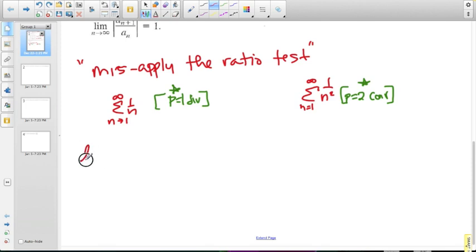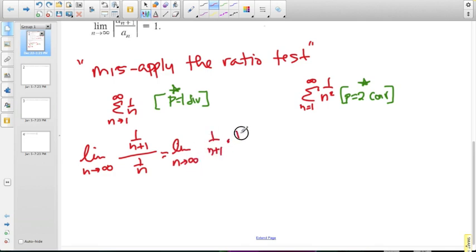So in other words, we take the ratio here, the limit as n approaches infinity of the next term, the n plus 1 term, so that's 1 over n plus 1, over 1 over n. And so we evaluate this algebraically. The limit as n approaches infinity of 1 over n plus 1 times n over 1.